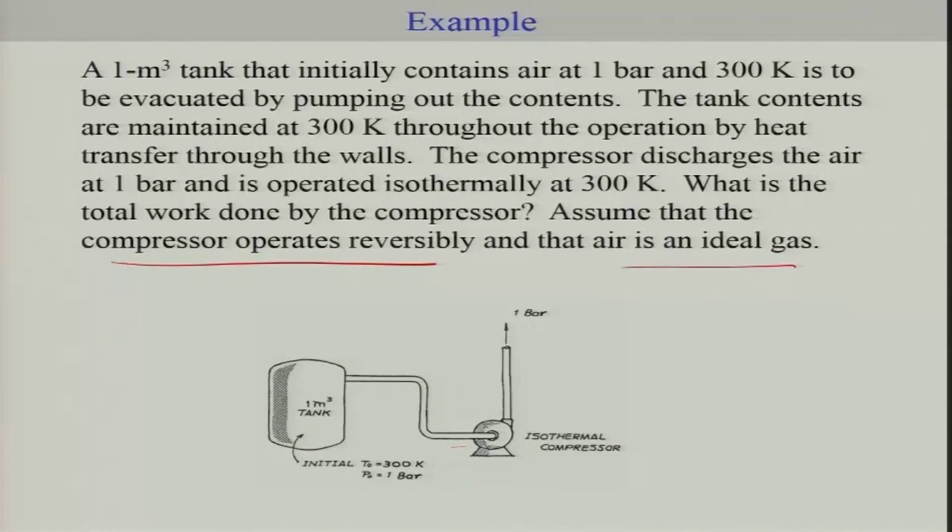We will simply jump with the fact that this is a reversible process, and essentially the work associated with this reversible process is nothing but the integral of VdP. Let us consider that this is the differential work to pump a small amount of air, delta N, from the tank pressure to the discharge pressure, which is 1 bar, and this will be VdP.